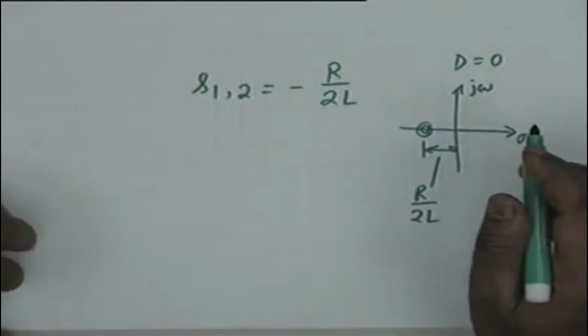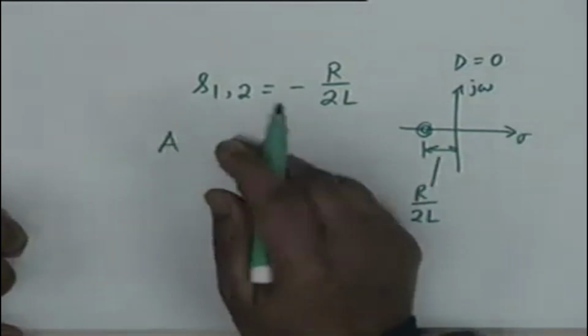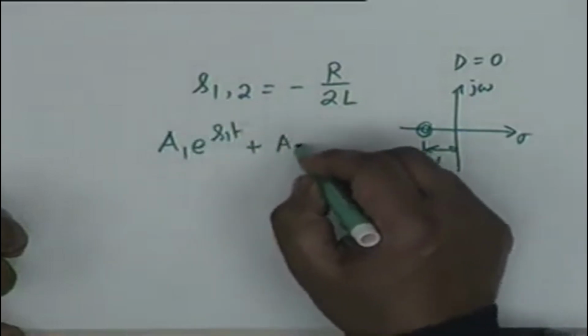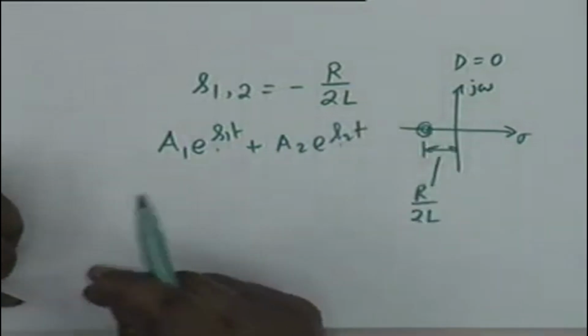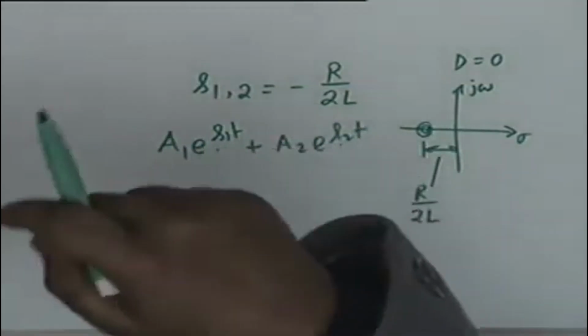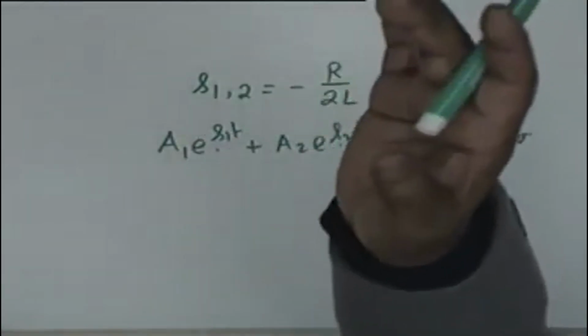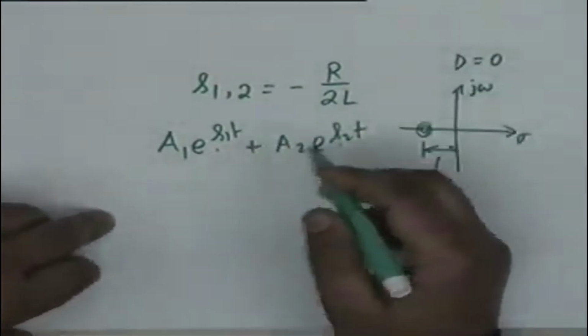Now what is the solution under this condition? Obviously, if we take our general solution, if you recall, a1 e to the s1t plus a2 e to the s2t, and if s1 is equal to s2, obviously the two solutions are no longer independent of each other. Isn't that right? They are identical solutions in fact, except for the constants a1 and a2.